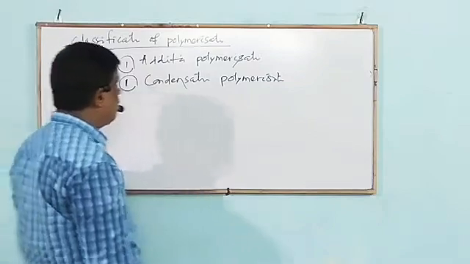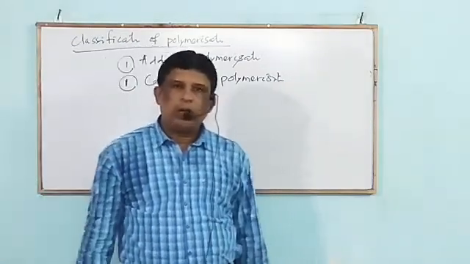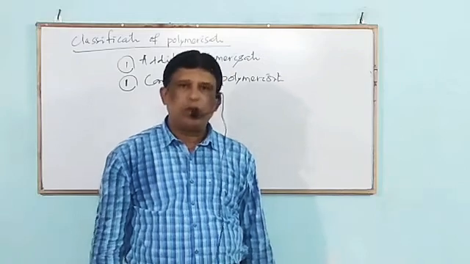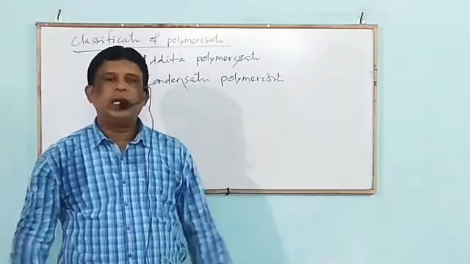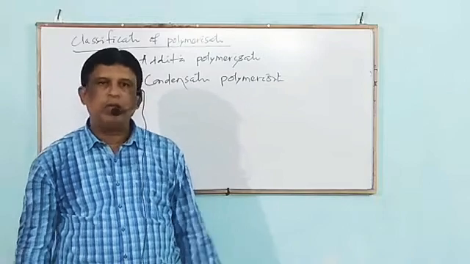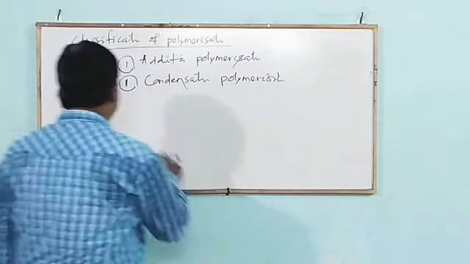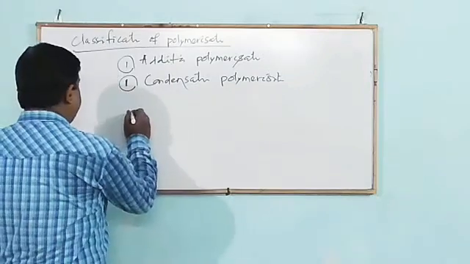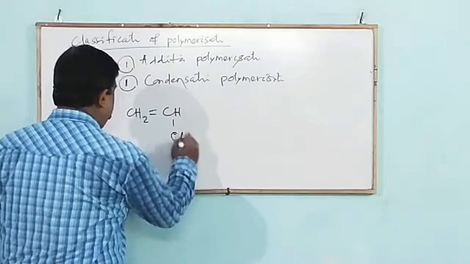First we will discuss addition polymerization. I repeat again. The polymer is formed by joining simple monomer units in such a way that there is no elimination of simple molecule, that is water. For example, vinyl chloride.